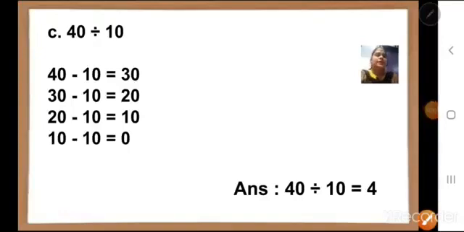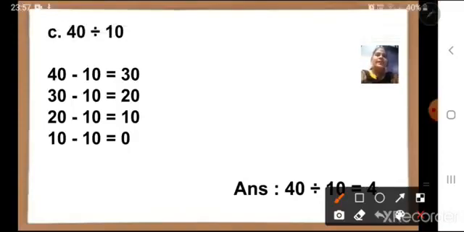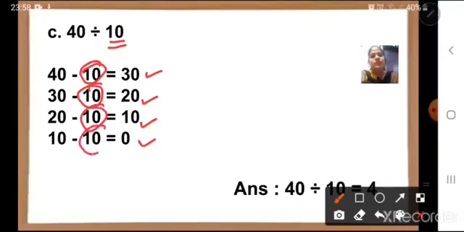Now C1, here I have done it for you. Let us go through it. C1 is 40 divided by 10. Now the number 10 we have to subtract. 40 minus 10 is equal to 30. 30 minus 10 is equal to 20. 20 minus 10 is equal to 10, and 10 minus 10 is equal to 0. 10 is repeated how many times? 1, 2, 3, 4.